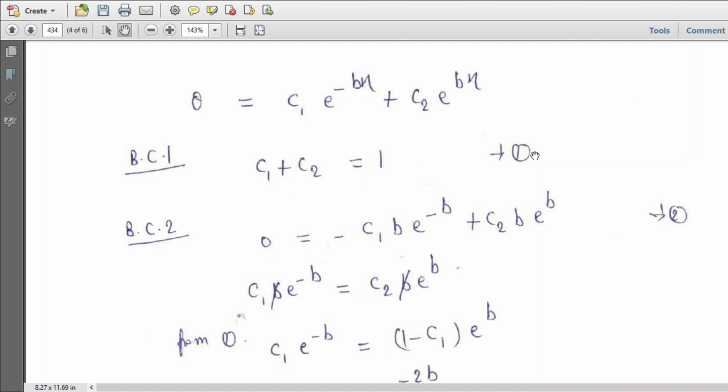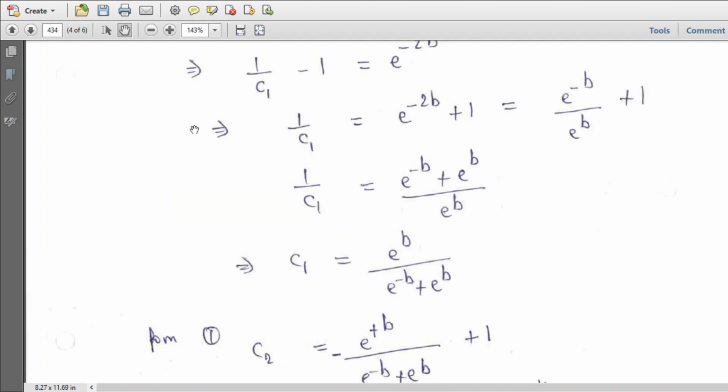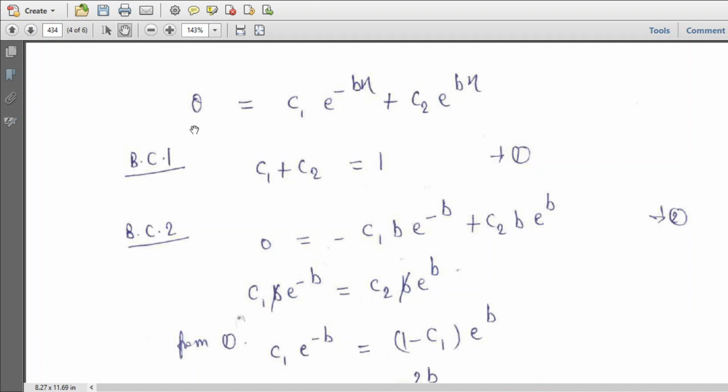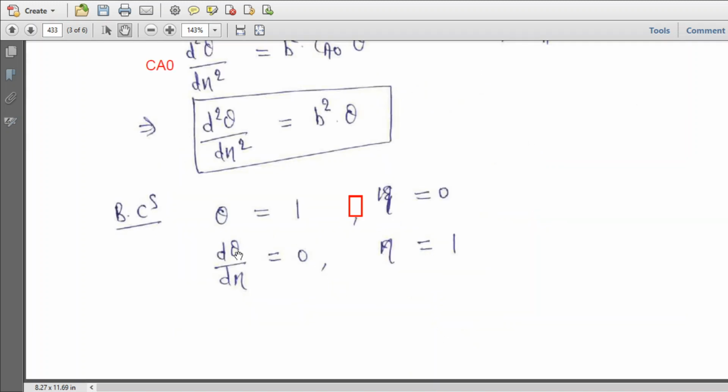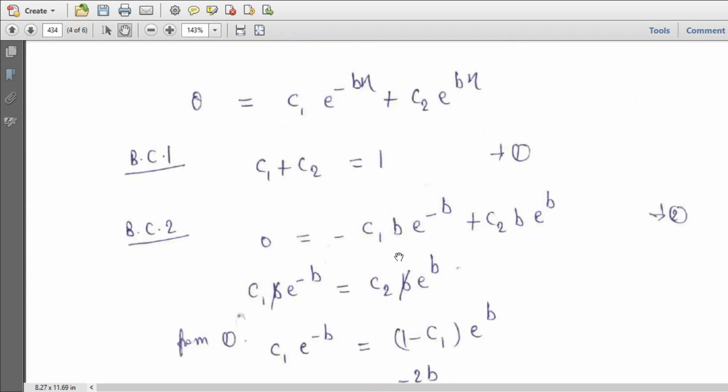This is equation 1. Now for the other boundary condition, you can differentiate this with respect to eta. The boundary condition is d theta upon d eta equal to 0 at eta equal to 1.